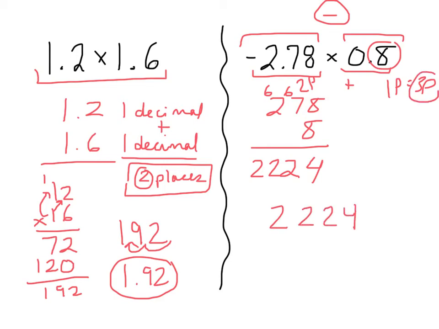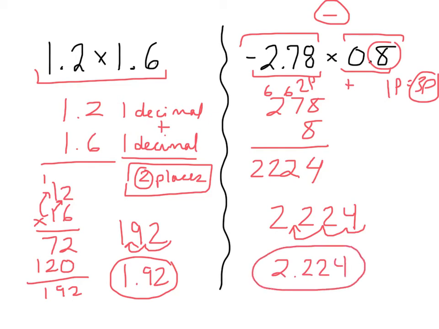But if I remember having to move my decimal back in 3 places, this makes more sense. My answer is 2.224. And since I was multiplying a negative times a positive, this answer is negative. So my final answer is negative 2.224.